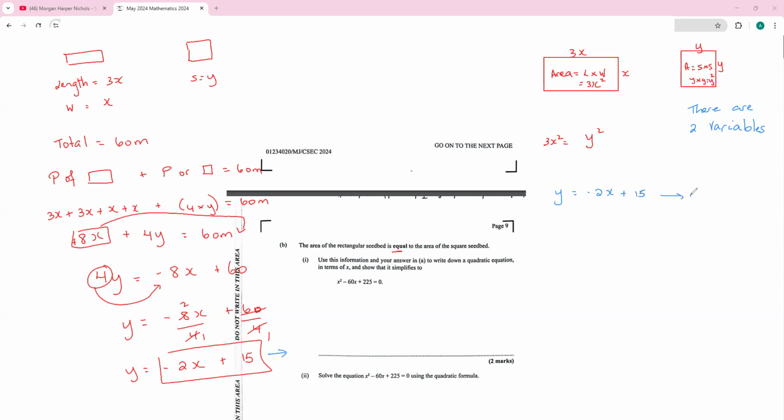So this is one equation. And then this is another equation that we came up with from it, which is y squared is equal to 3x squared. I just flipped it around so the y's will be on the same side.